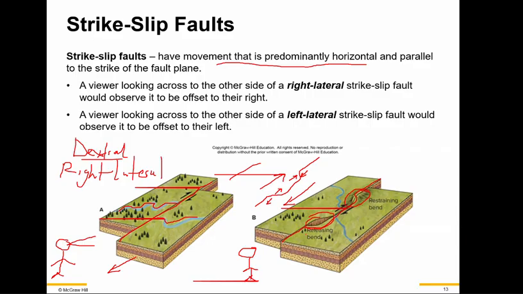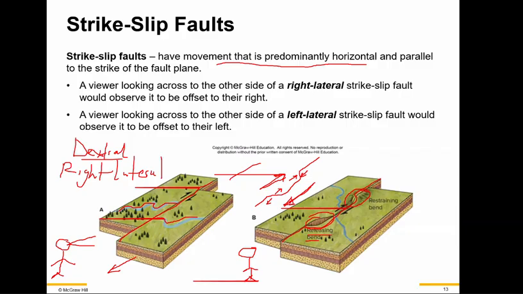This opening is called a releasing bend. And that's because the fault plane is not straight. The fault plane is curved. So here you're going to have an opening because of the sense of movement of the blocks on either side of the strike slip fault. And then here you're going to have closing because of the sense of movement of the blocks.